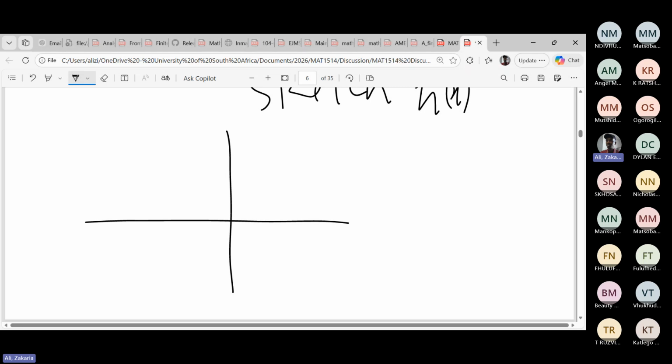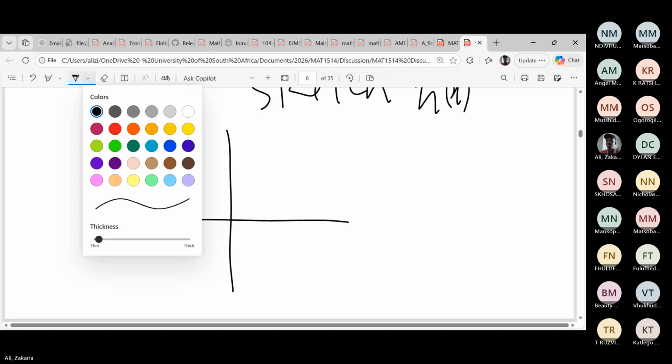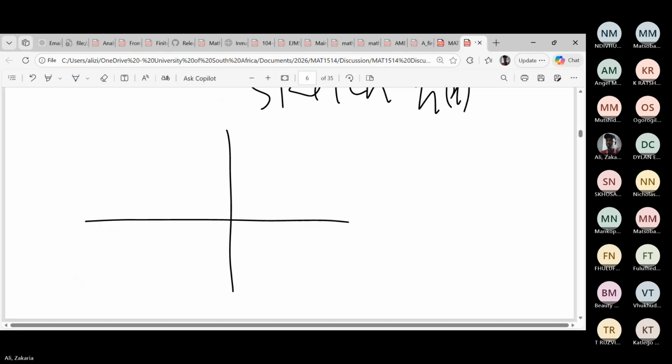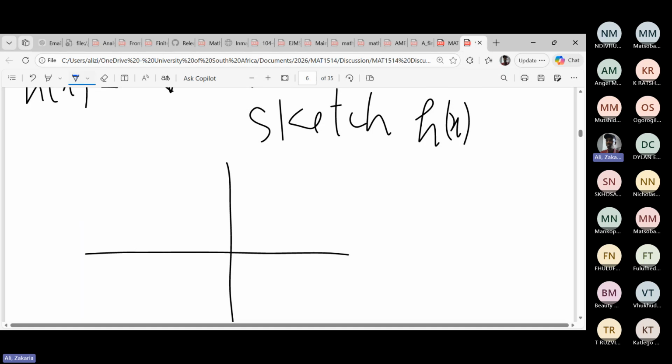So let's say I give you a graph of this nature. Is this a function, yes or no? It's not a function. Why? Because for one value of x, you can literally get several values.